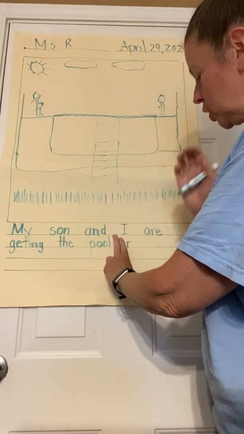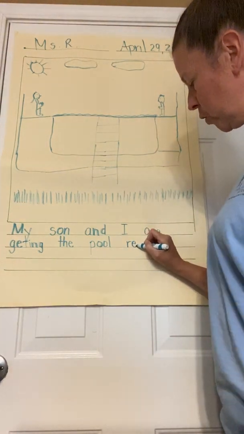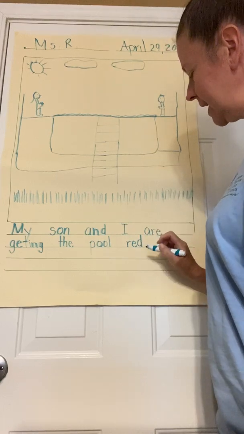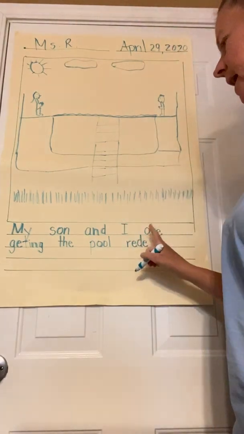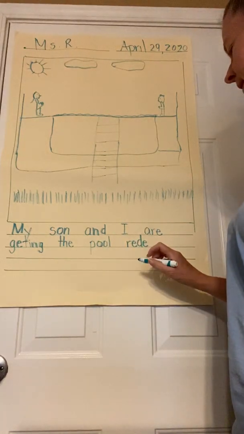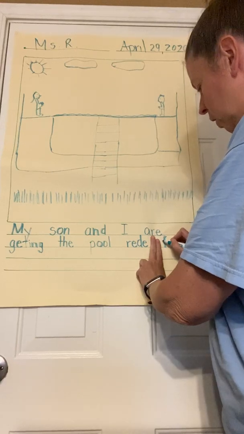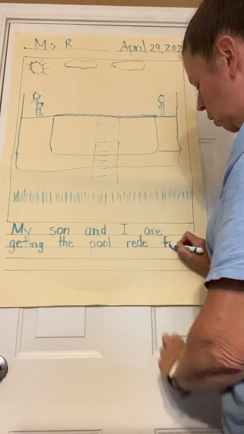I hear that short E again. Red, d, d, d. Red. E. My son and I are getting the pool ready, 2-finger space, for. For is another popcorn word.